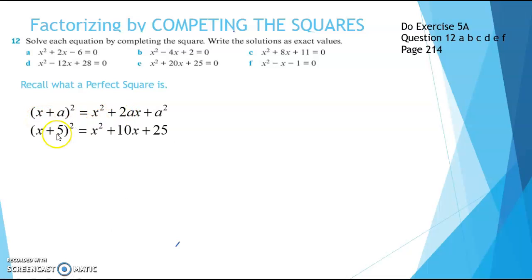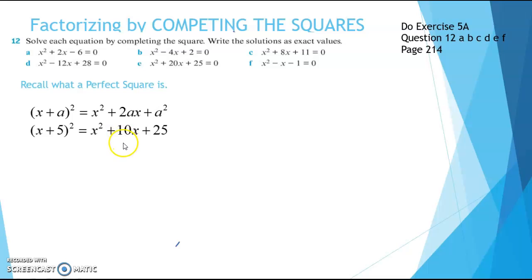And that's all you have to remember. So for instance, if we were to quickly expand x plus 5 all squared: square the first term, 5 squared is 25. Multiply 5 and x together and double 5x, you get 10x.